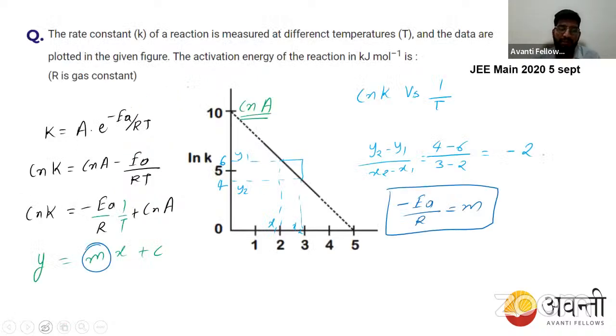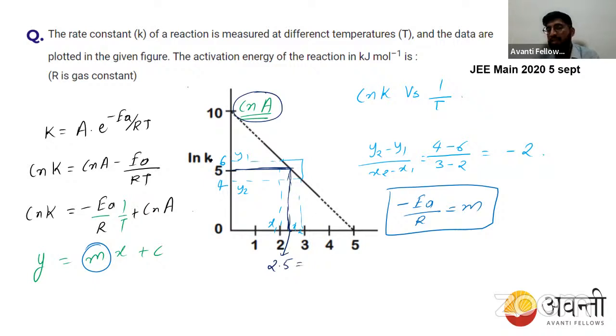So this is one way you can find the slope, but you can find it another way too. You got the natural log of A value, right? If you draw a perpendicular on this curve or this line, you will get a point called 2.5.